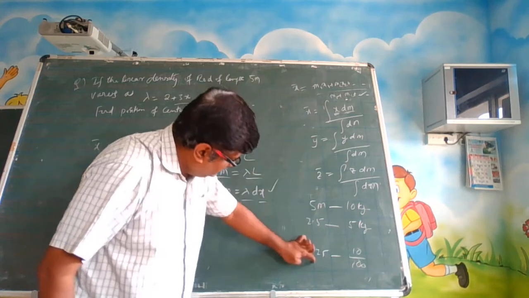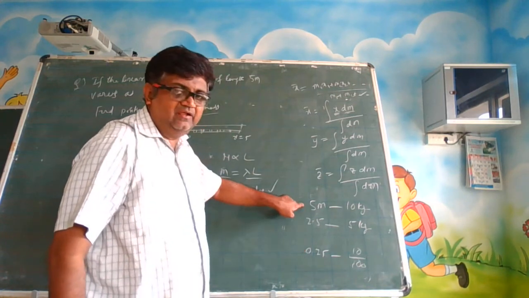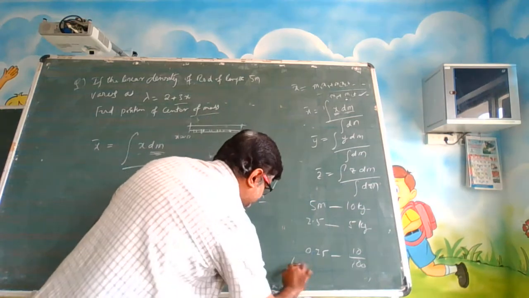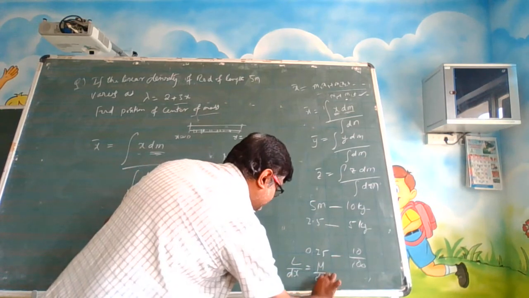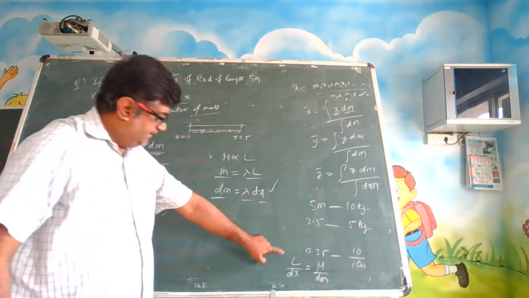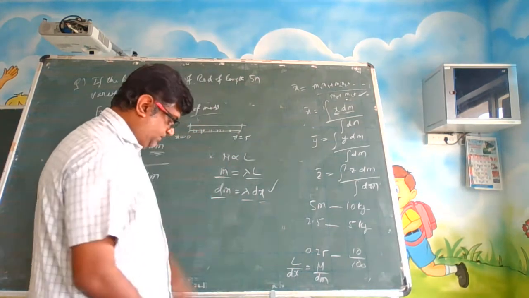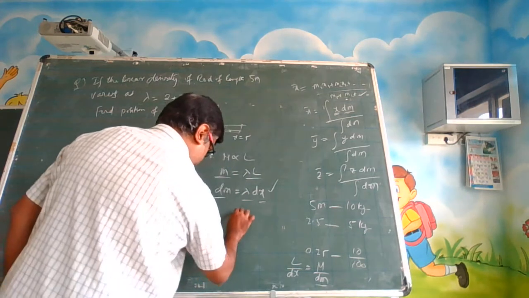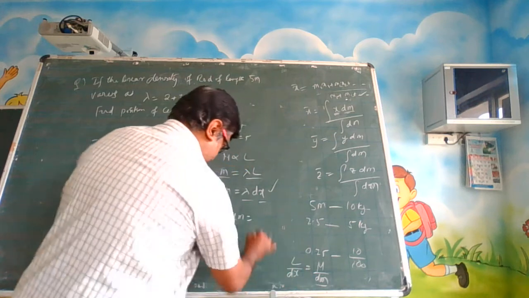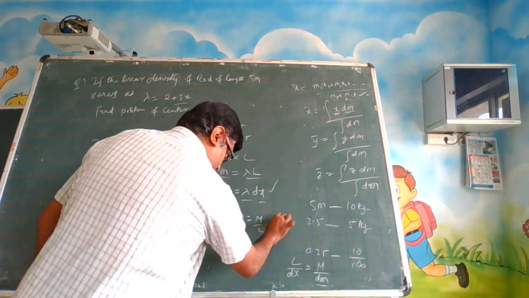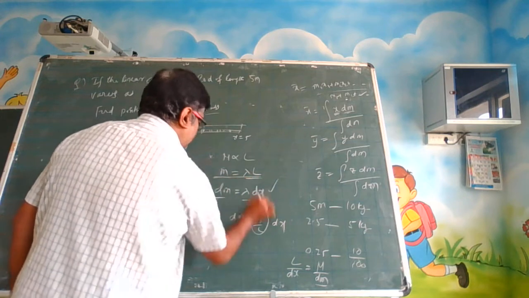This is your dx, this is your L. So L by dx is equal to m divided by dm, right? Just cross multiply, you want dm, no? So dm is equal to m by L into dx. Now what is this m by L? M by L is lambda. So dm is lambda dx.